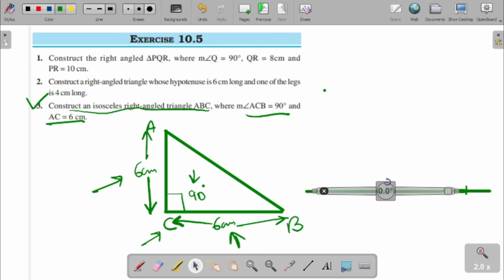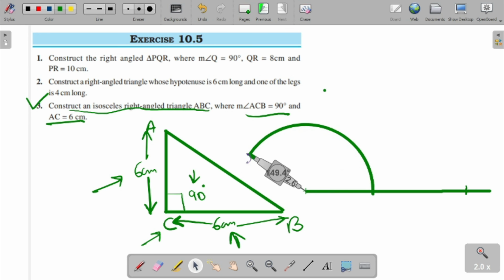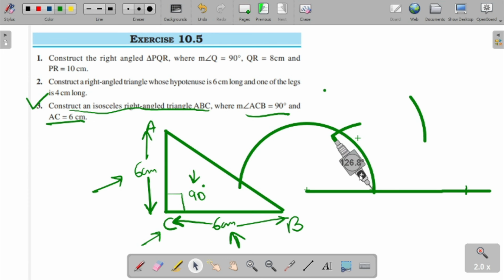Then we reduce the height. Then we move this side. Then we move to this side. Okay. Then we make a arc. Then again we make, this is 60 degree.